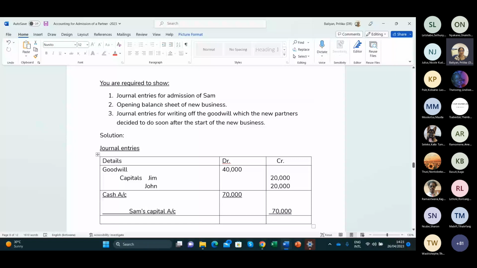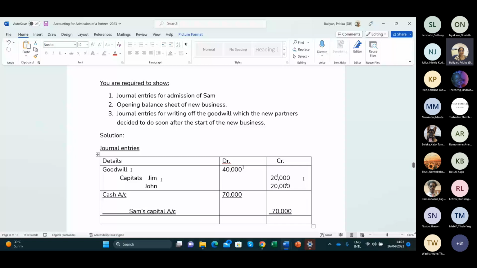The goodwill in the business was 40,000. Out of it, Jim's capital account is credited by 20,000, and John's capital account is also credited. When it is increased, we record it on the credit side of the capital account. So 20,000 each, and the goodwill is shared among the old partners.